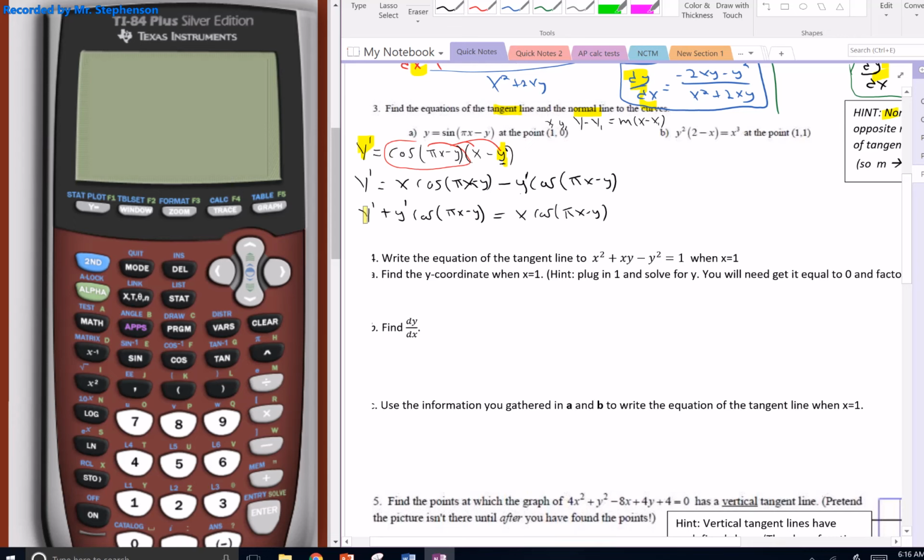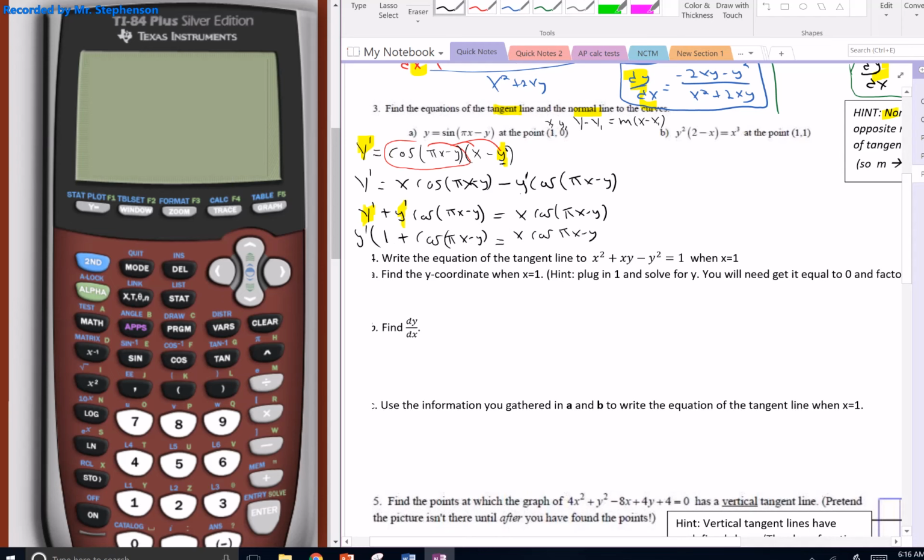We're going to factor out the y prime. So you have y' times (1 + cos(πx − y)) = x cos(πx − y).